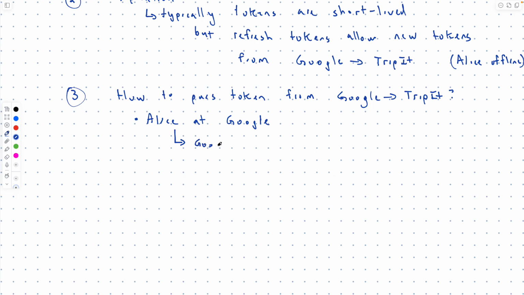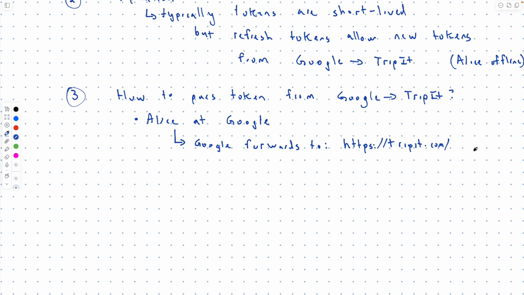So what Google will do is forward. It says, hey, Alice, go over to this URL. And it could look like this, and all of this will always be over HTTPS: tripit.com.